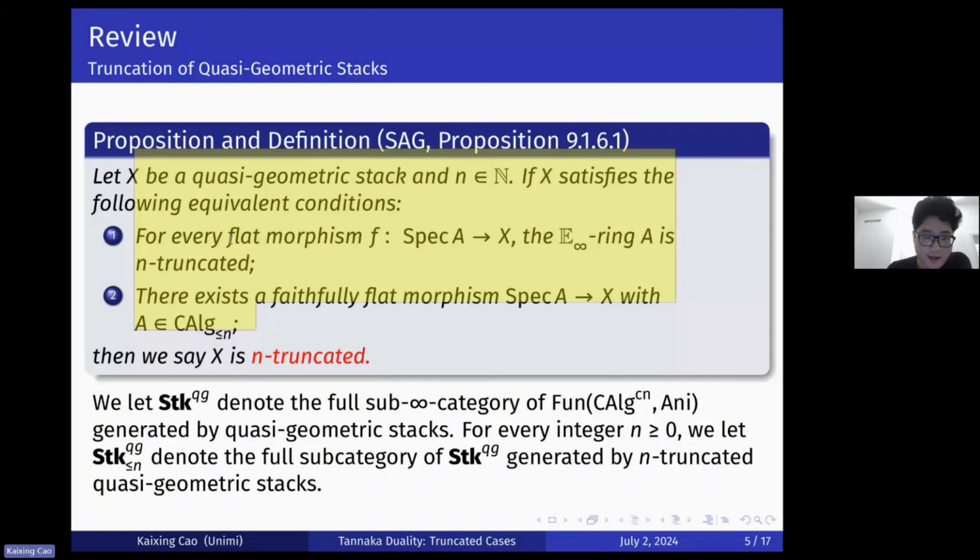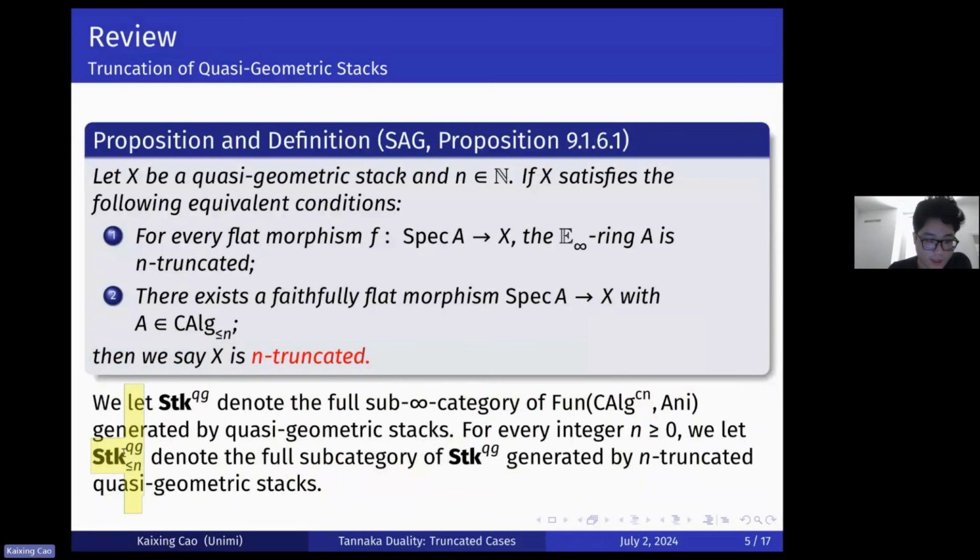Now, every quasi-geometric stack is a functor from connective E-infinity rings to anima. So we use QG to denote the infinity category of quasi-geometric stacks. And now we have the notion of n-truncated quasi-geometric stacks. We also use this notation to denote the infinity category of n-truncated quasi-geometric stacks.